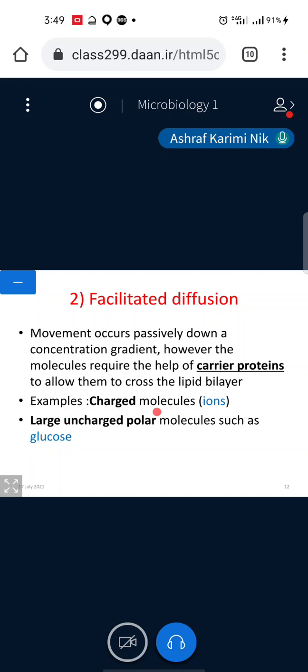Examples: charged molecules, ions, some ions, and large uncharged polar molecules such as glucose. And most of the time, facilitated diffusion is done for glucose.